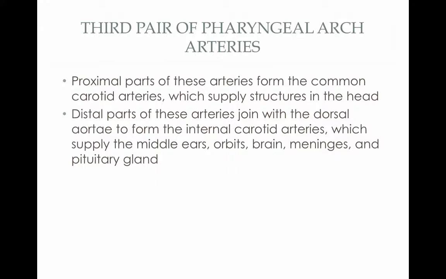The distal parts of these arteries join with the dorsal aorta to form the internal carotid arteries, which supply the middle ears, orbits, brain, meninges, and the pituitary gland. So very important. These, again, are forming head and neck vessels.